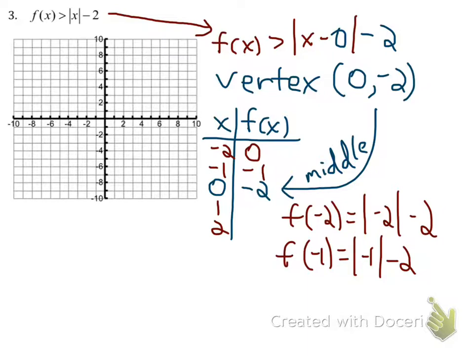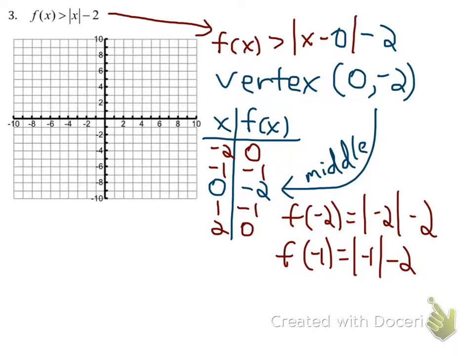Now, if we remember from the last video, instead of evaluating f of 1 and f of 2, since the axis of symmetry passes through the vertex, the other two f of x values are the same as the previous two f of x values. So when x is 1, the f of x value should be negative 1, and when x is 2, the f of x value should be 0.